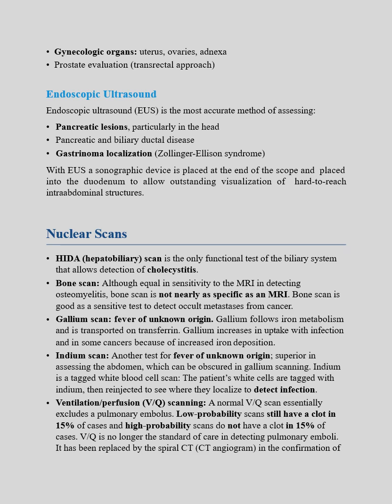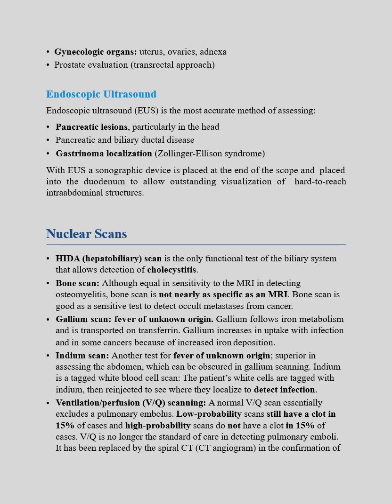Number 3, gastrinoma localization such as Zollinger-Ellison syndrome. With EUS, a sonographic device is placed at the end of the scope and placed into the duodenum to allow outstanding visualization of hard-to-reach intra-abdominal structures.